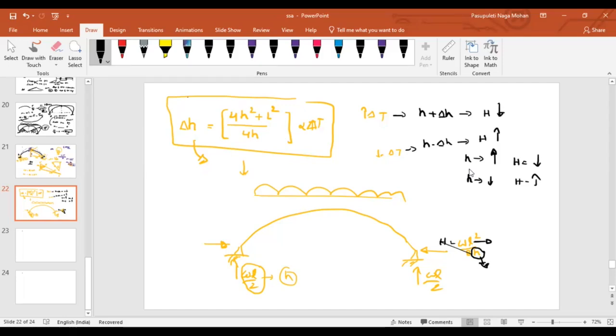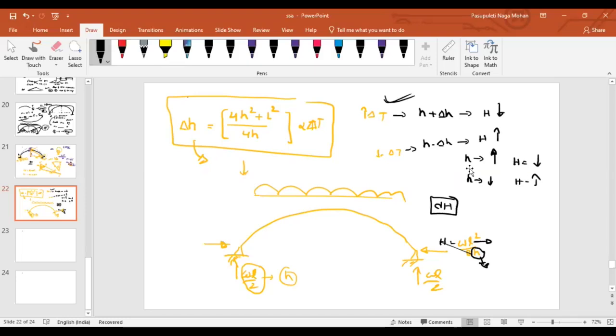Now, what will be the change in value? Or if I want to ask you, what is the change in horizontal thrust? Now I have found out the change in rise, delta H. Similarly, if I want to find out the change in horizontal thrust if there is a temperature change, how can I find out?